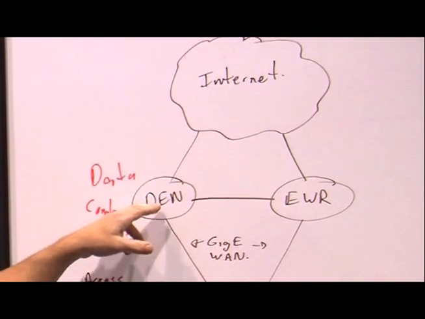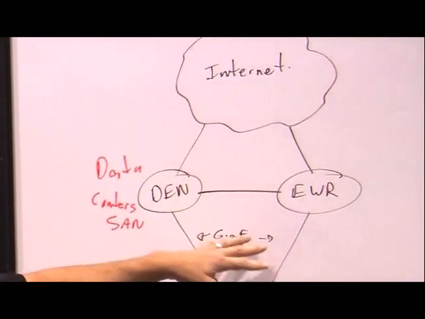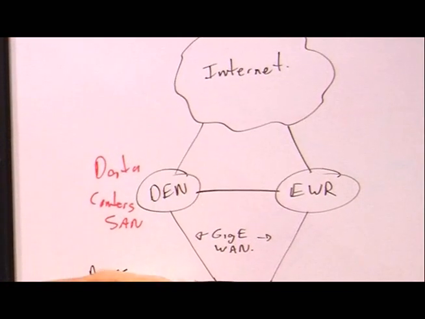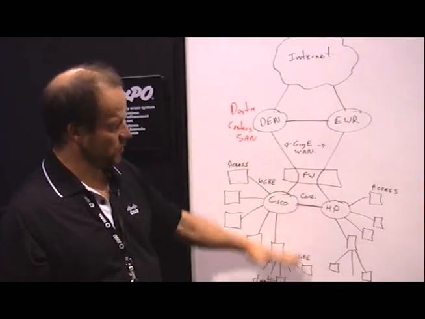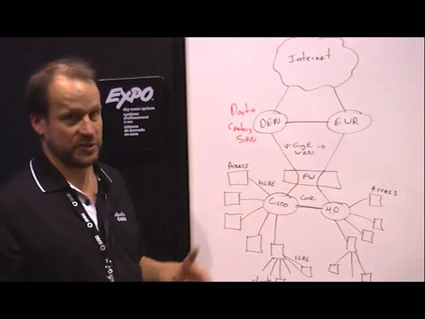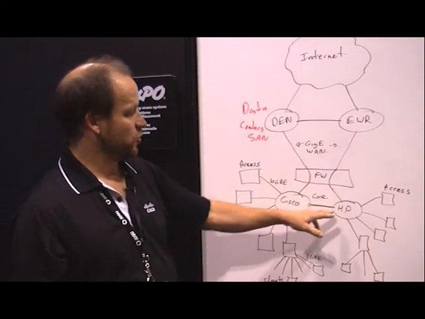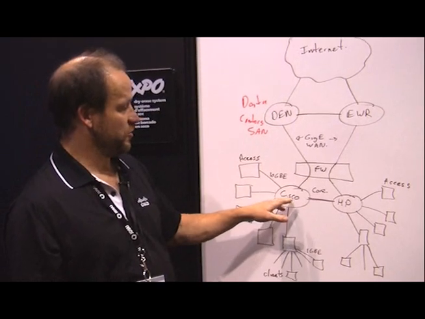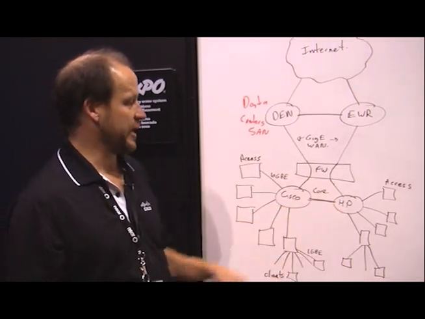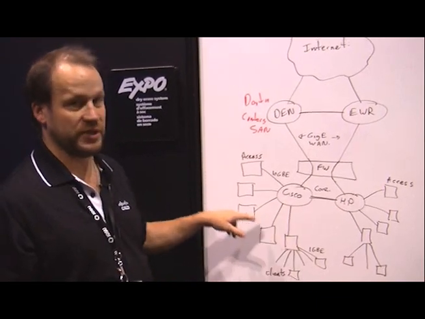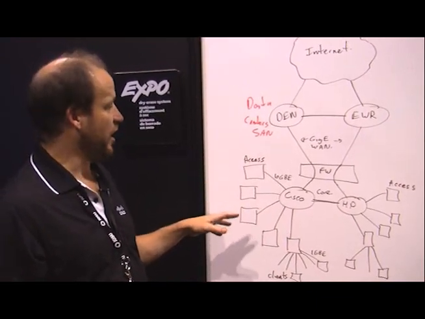So those data centers are going to then get connected through WAN links and could be very easily GigE WAN links down into the office building. So this is really what you're going to find in an office building in most cases where you don't have a data center. You're going to see multiple core routers, and it could be that this is one building, this is another building in a campus environment, and then these access switches are most likely going to be individual floors within that office space.